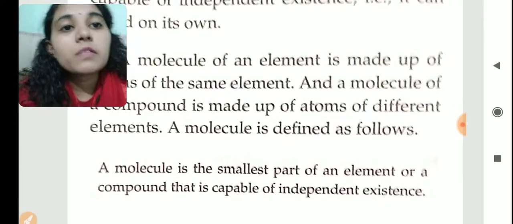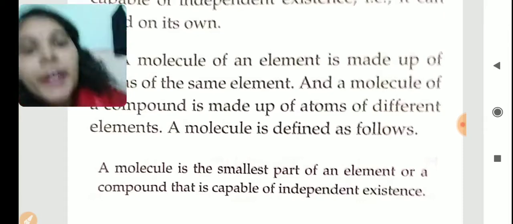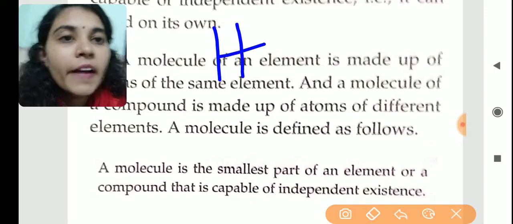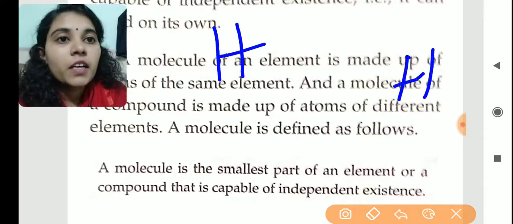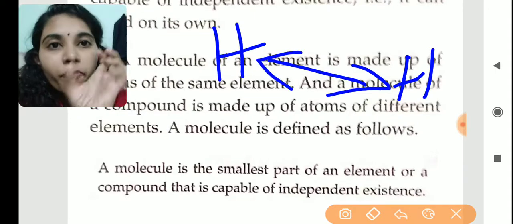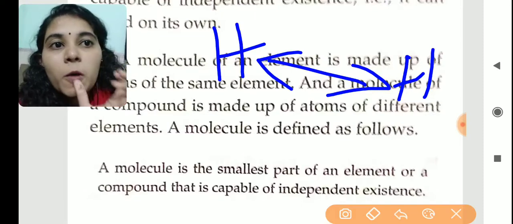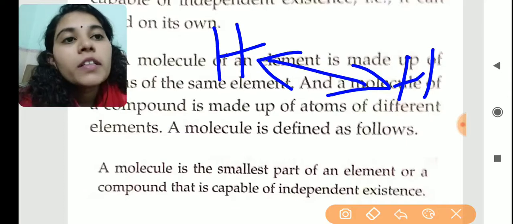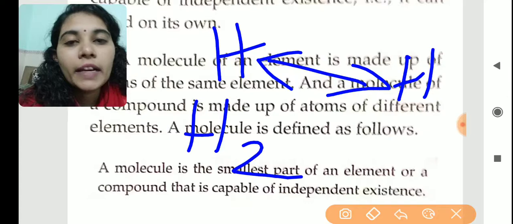A molecule of an element, for example, a hydrogen molecule. Okay. For example, one hydrogen atom is present and one more hydrogen atom is present. The same atoms will combine together to form a molecule of hydrogen gas.